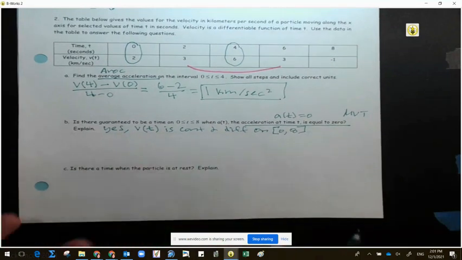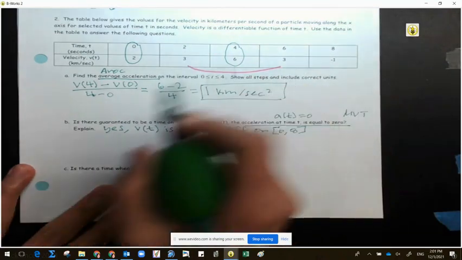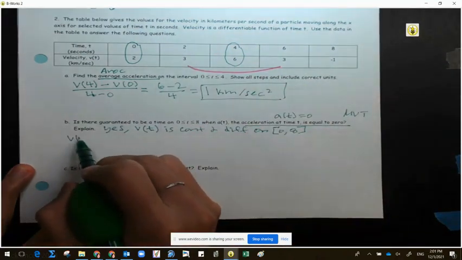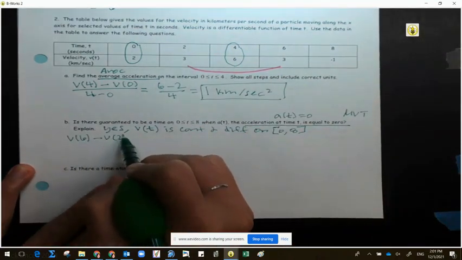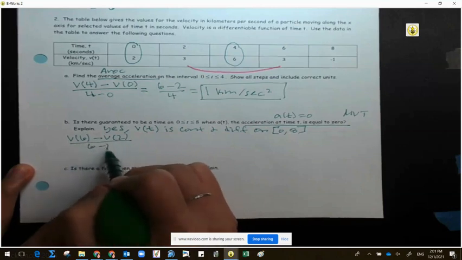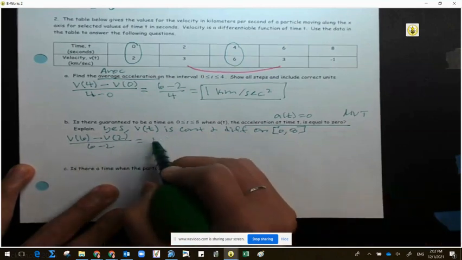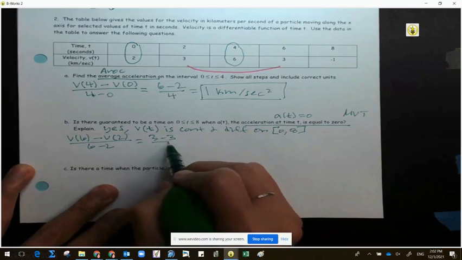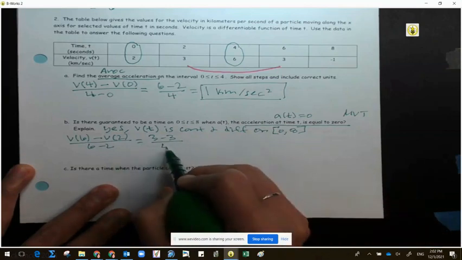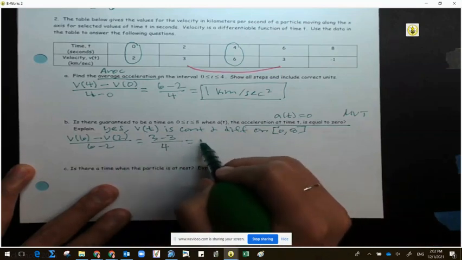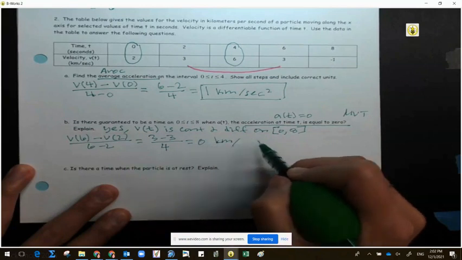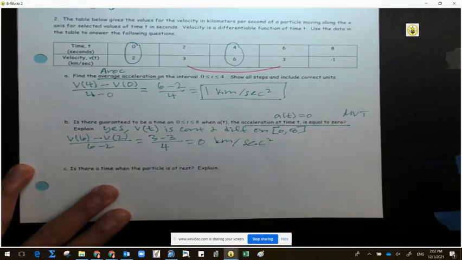In this case, our two numbers that we chose were at 2 and 6. So we have v of 6 minus v of 2 over 6 minus 2. And that number is going to give me 3 minus 3, and it should be the same, otherwise it won't be 0. So we have 0 kilometers per second squared.